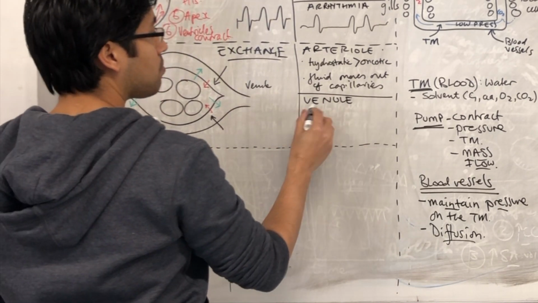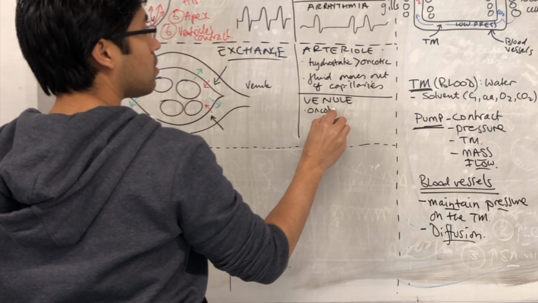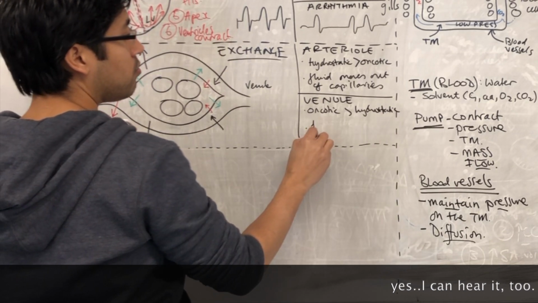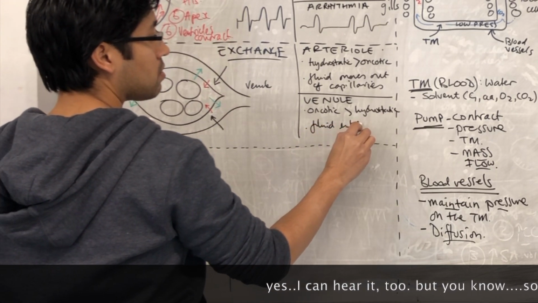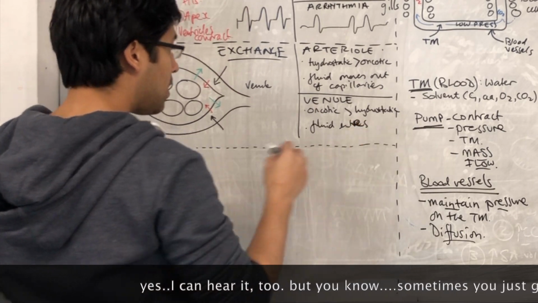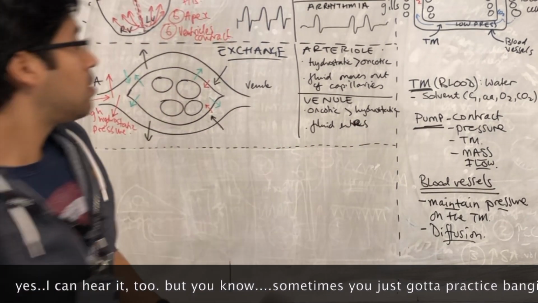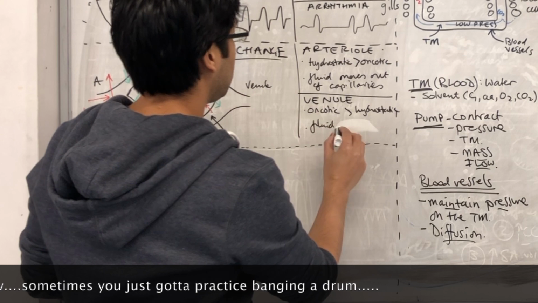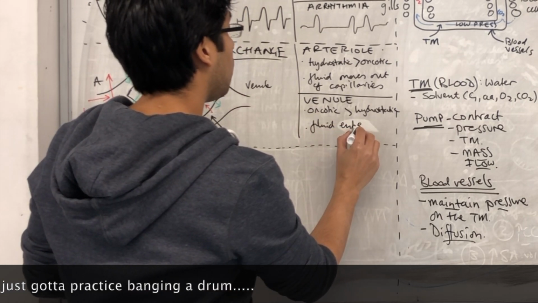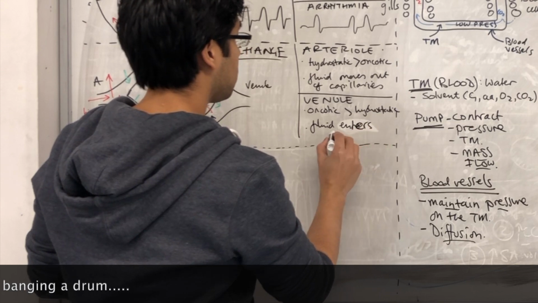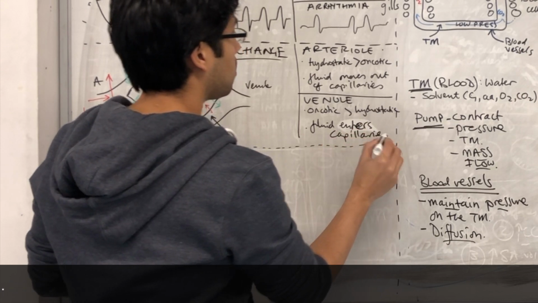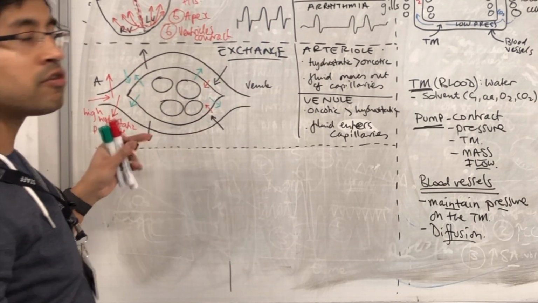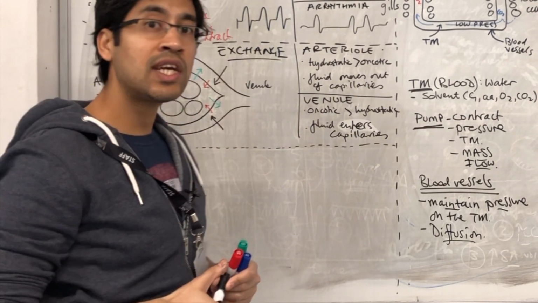But at the venule side, the oncotic is greater than hydrostatic, and so fluid enters capillaries. So overall, over the distance of the network of capillaries, we're getting good two-way exchange.